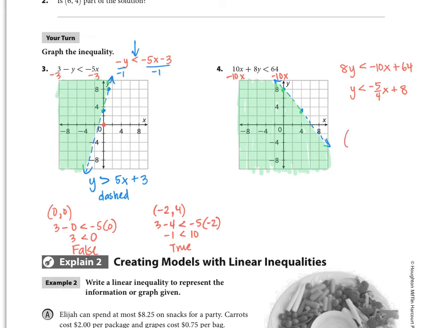So the point 0, 0 is going to be 10 times 0 plus 8 times 0. Is that less than 64? And so it looks like it is. 0 plus 0 less than 64. That is true. And you'll see that 0, 0 is in the shaded area, which is a good thing. And so my answer checks out.